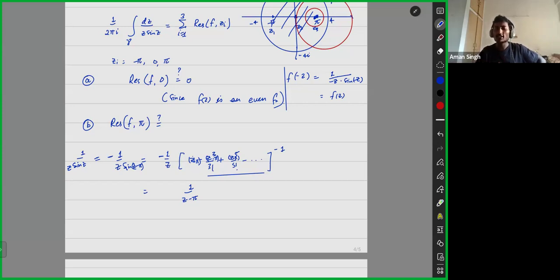Why? Because we only care about the first negative degree term, that is this 1 by z minus pi. Plus something, some negative degrees, some positive degrees, some more terms.